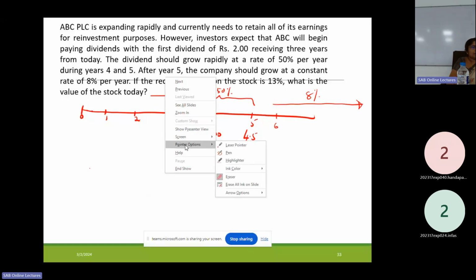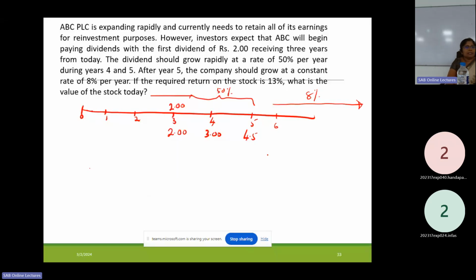So according to the question, you can see after year 5, there is a constant growth in dividend for an indefinite period. To which point then do you have to value the share? End of year 5 or end of year 6? End of year 5. Because from year 5, there is a constant growth in dividend. So you have to value the share at the end of year 5. So then you know you have to apply the constant dividend growth model.